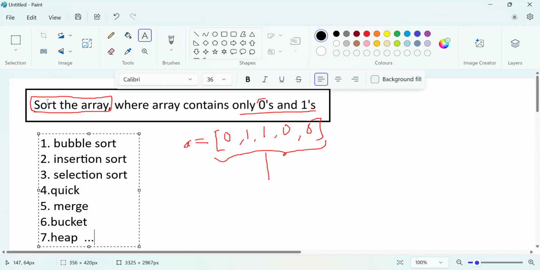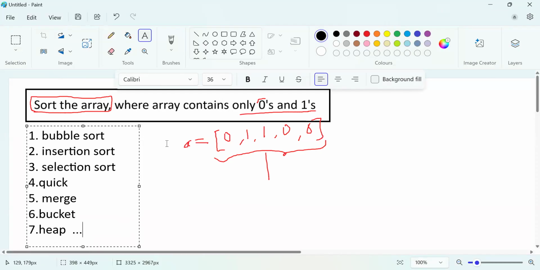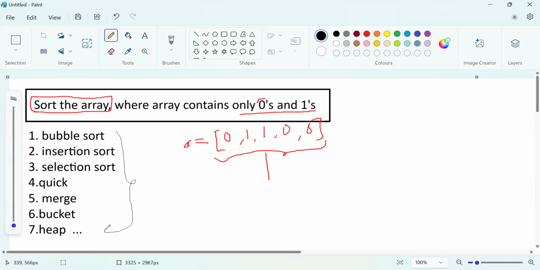We have a never-ending list. So you'll say we will use one of these sorting techniques to solve this particular question, right?